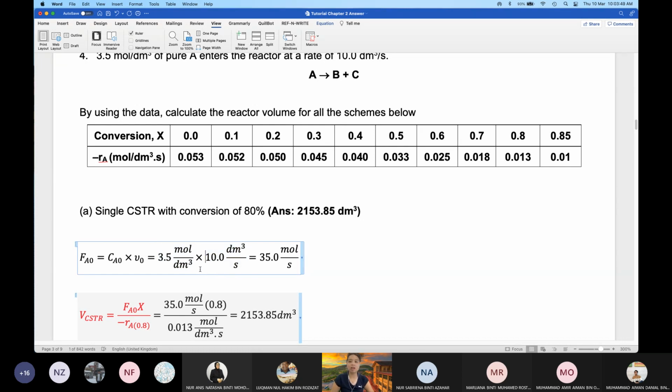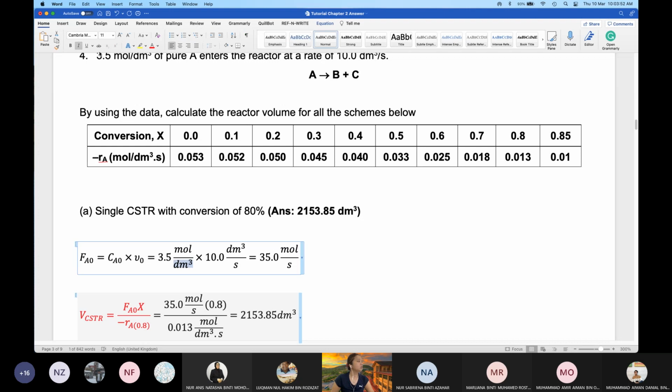If you multiply correctly, you can see that I can cancel the unit of volume. You know in math, top and bottom we can cancel. We are left with mole per second. So that is right, mole per second, mole per time. So you already get your FA0. FA0 is 35 mole per second.